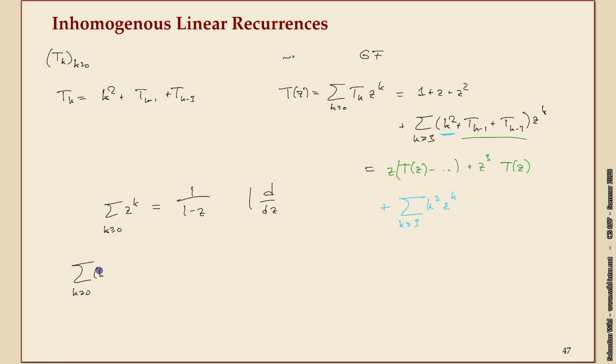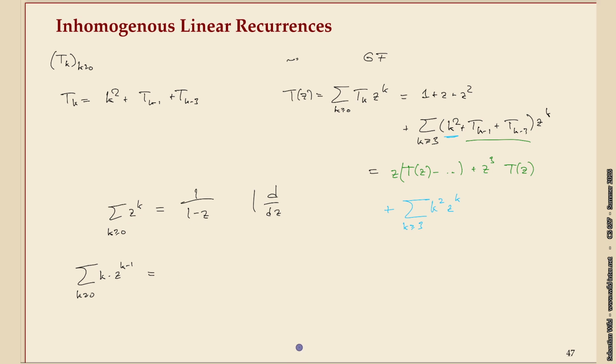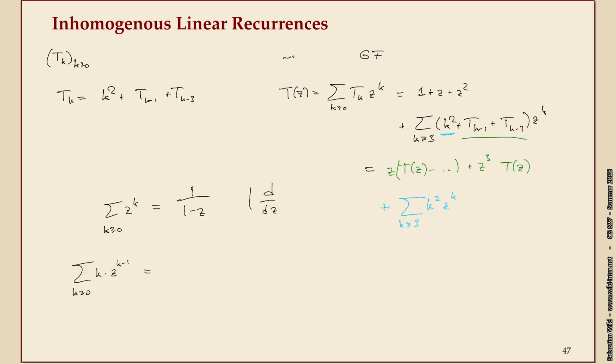And then you have k in front, and then z to the k minus 1. And here we have to take the derivative as well. There's 1 minus z to the minus 1. So if you take the derivative of that, it is 1 minus z to the minus 2. That's the outer derivative, and the minus in front. And then you take times the inner derivative, which is minus 1. So that minus goes away again. But really what it says is just 1 over 1 minus z squared.